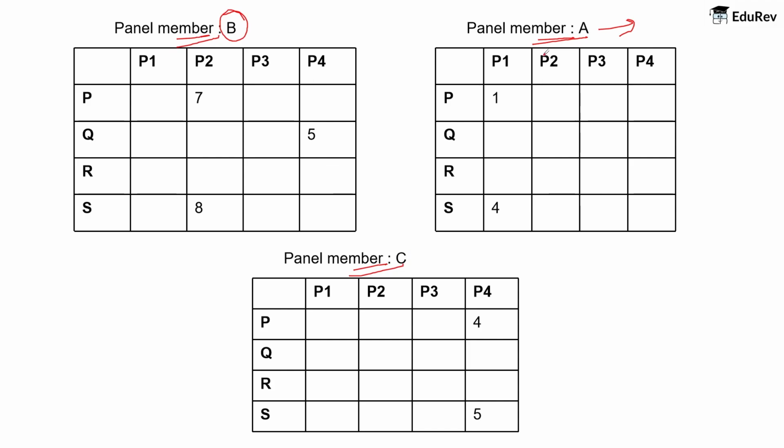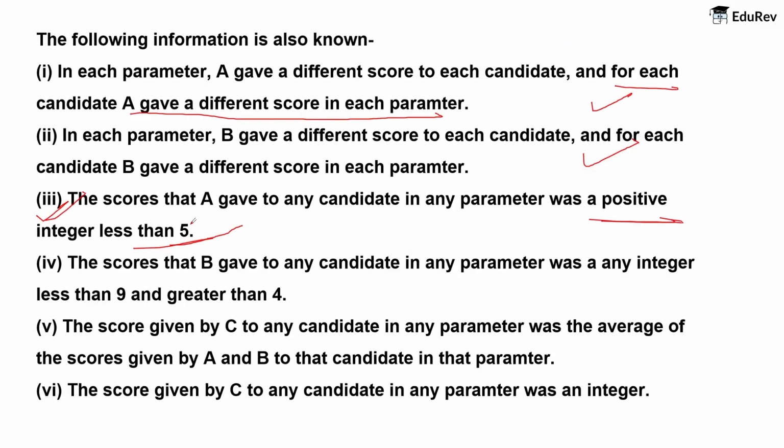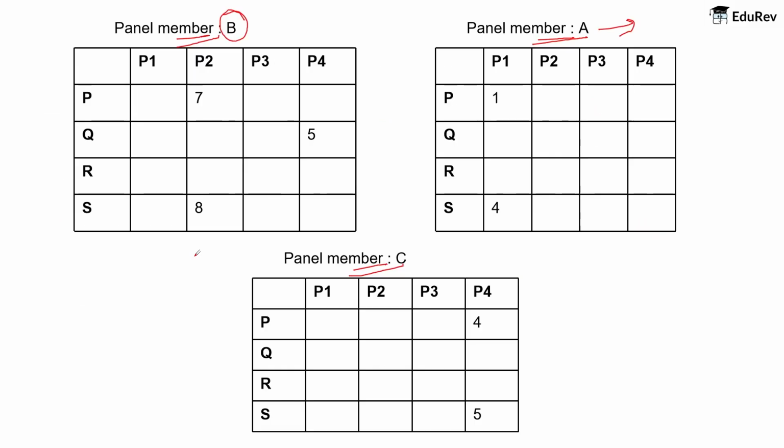So this is panel member A, and what does the third point say? The score that A gives to any candidate in any parameter was a positive integer less than 5. So you know integers less than 5 are 0 to 4. But will I consider 0 in this? No, I cannot anticipate a 0 score. Why?